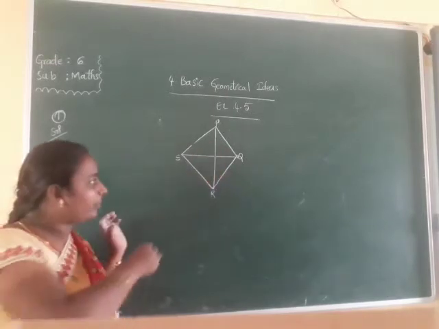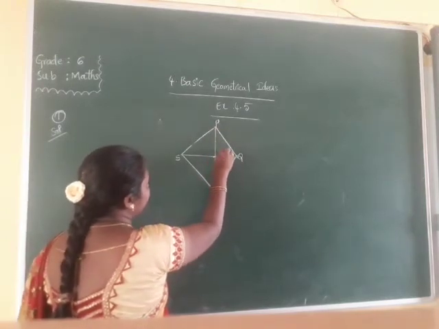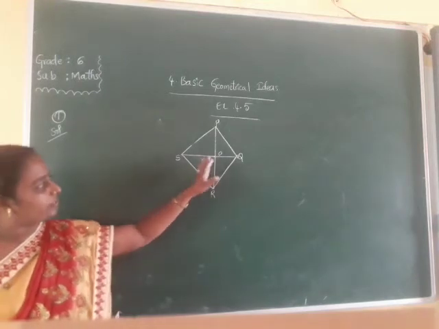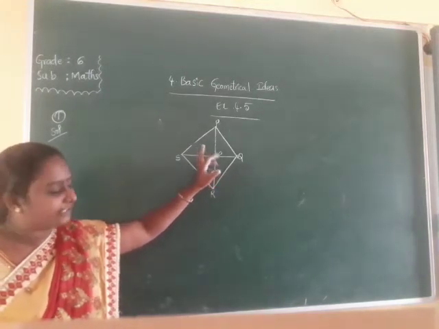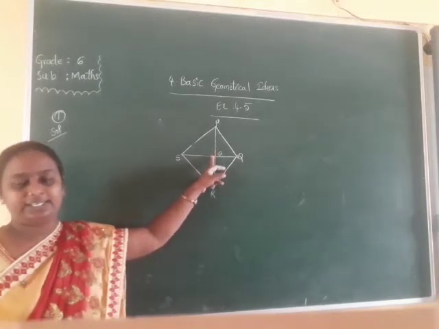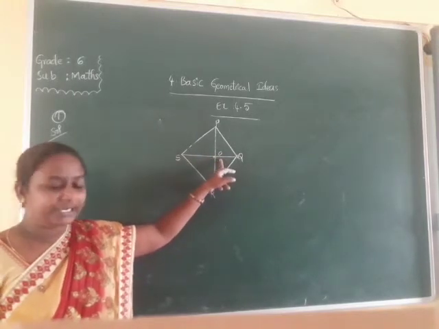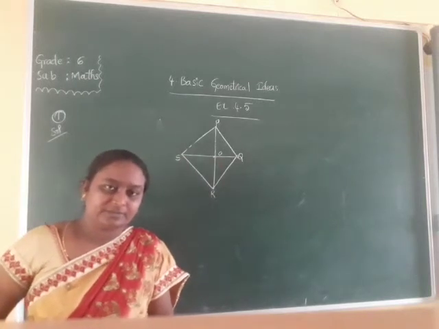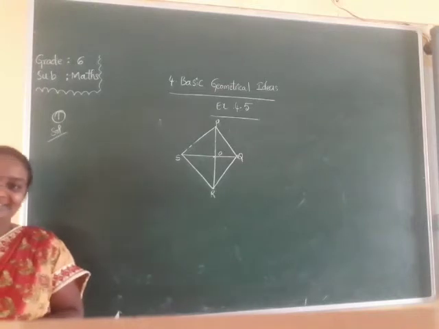That point of intersection, we can consider as O. Listen carefully, is this point O interior or exterior of the quadrilateral?